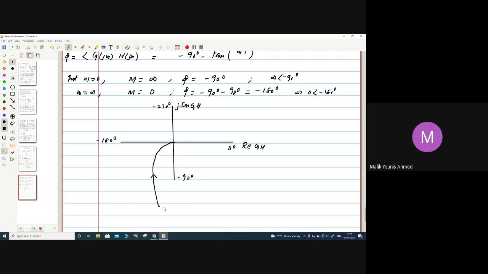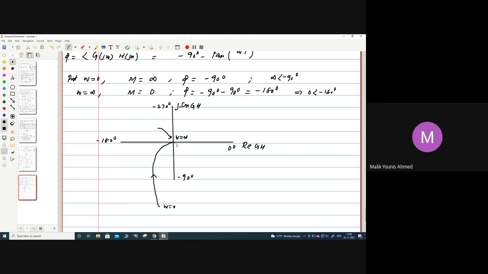See, omega equal to 0. It's coming from somewhere at infinity. We don't know where infinity is and where omega equal to 0 will be in this case, but the magnitude is coming from some infinite value. This point here is omega equal to infinity.